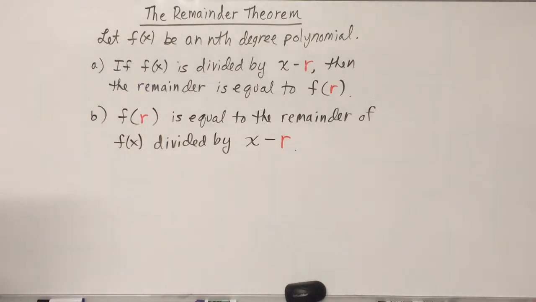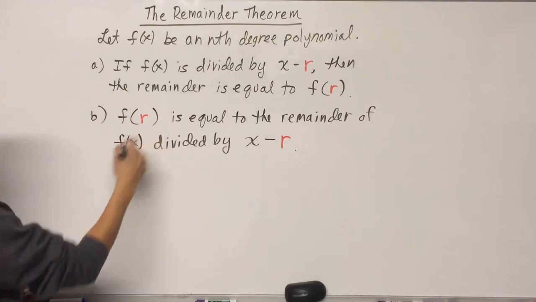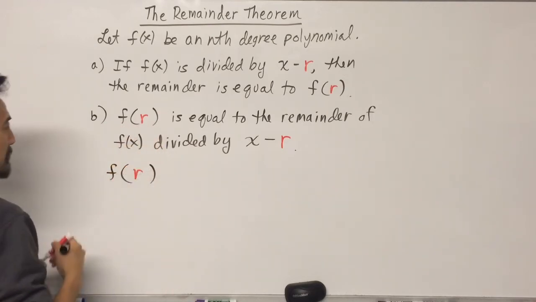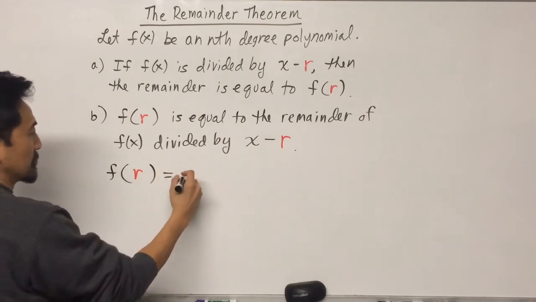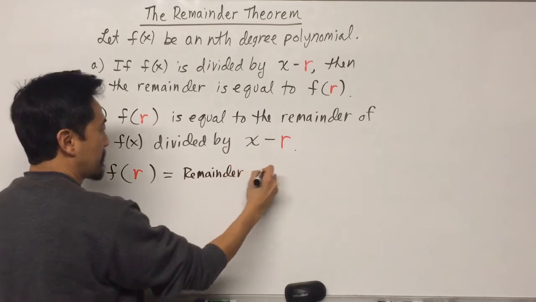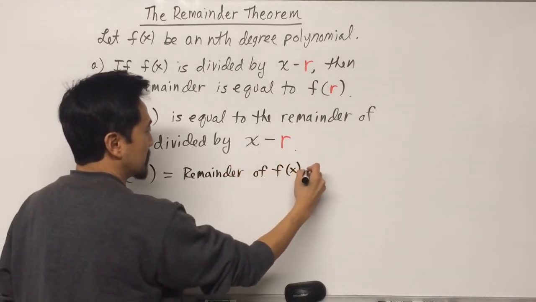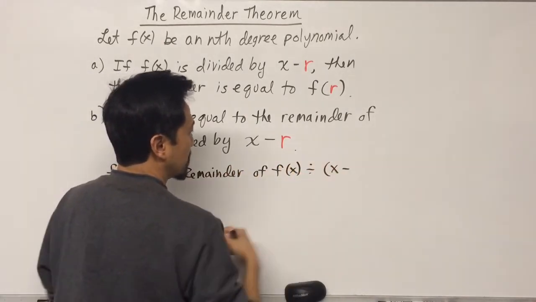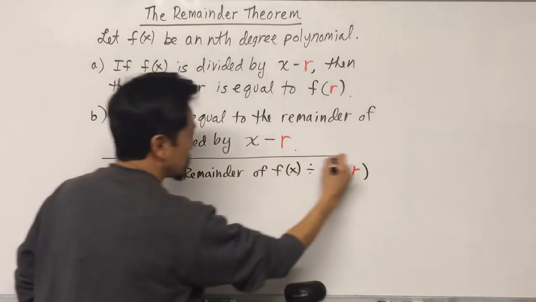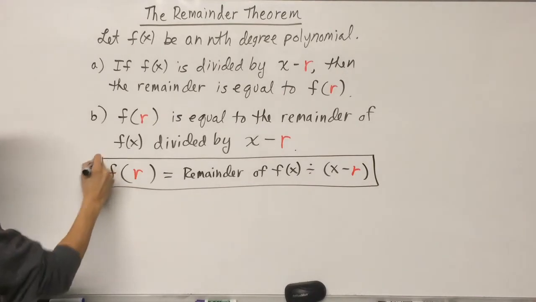Okay? So here, let me take the second statement and say that f of r is equal to the remainder of f divided by x minus r. Okay? So this is what we want to focus on.